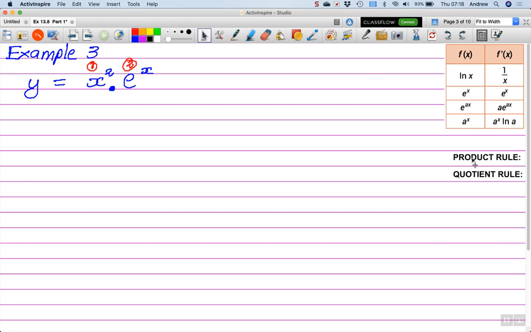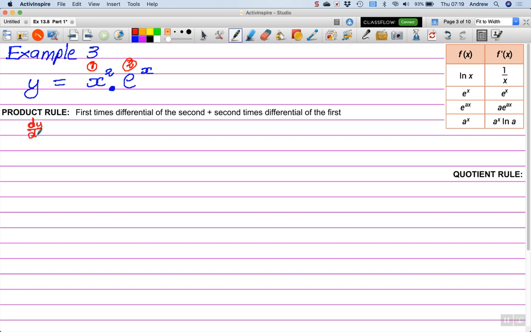In your head, you will say this: first times differential of the second plus the second times the differential of the first. You shouldn't be writing it, but you should be saying it. But what you should be writing is dy/dx is equal to the first times the differential of the second plus the second times the differential of the first.